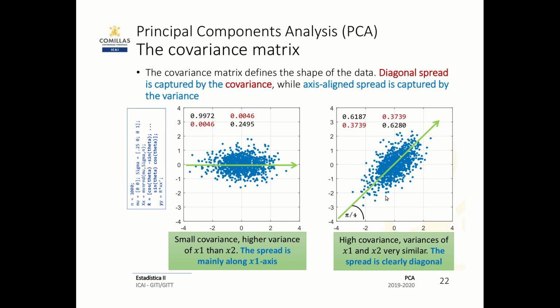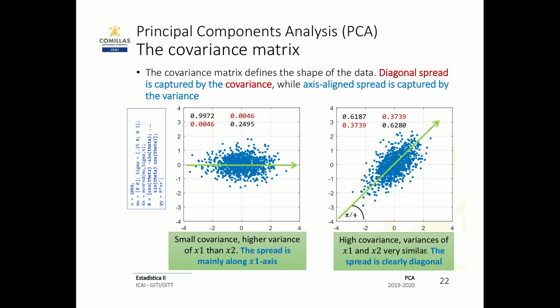But now if x1 and x2 become correlated, then the off-diagonal terms are not zero anymore. They have some positive or negative correlation, and the diagonal terms no longer contain the variability of x1 and x2 independently, but somehow they are intermixed.